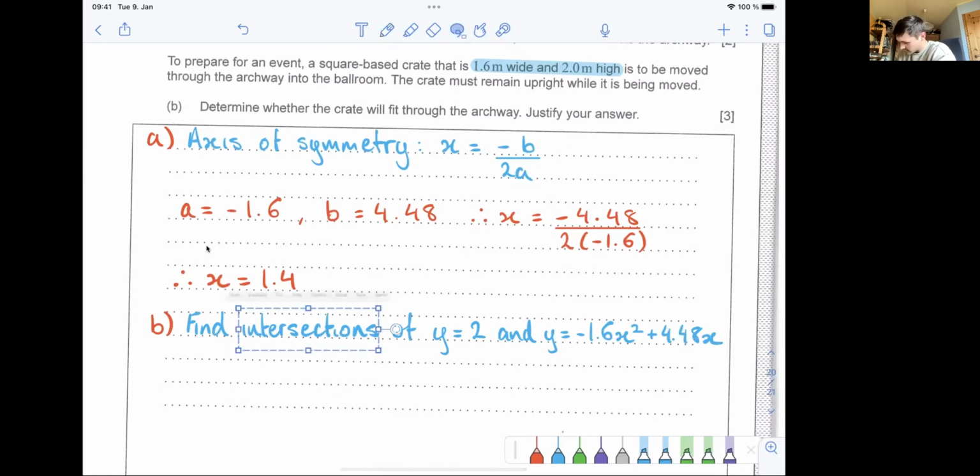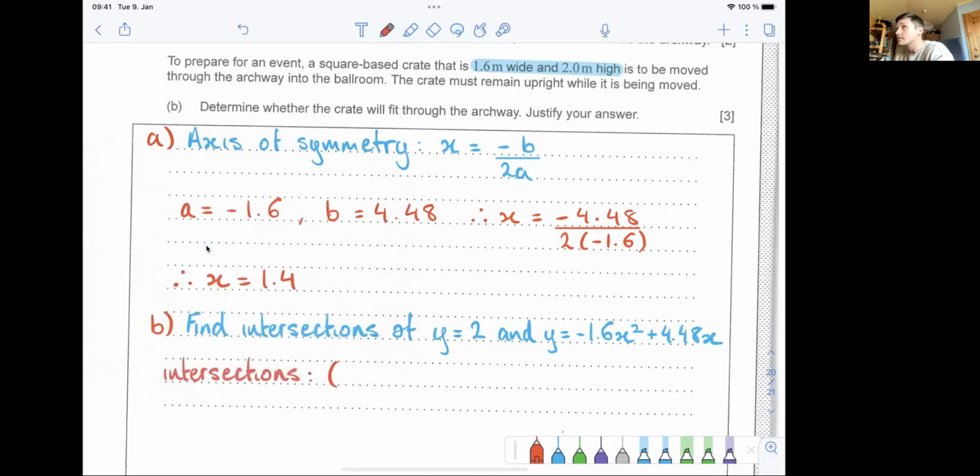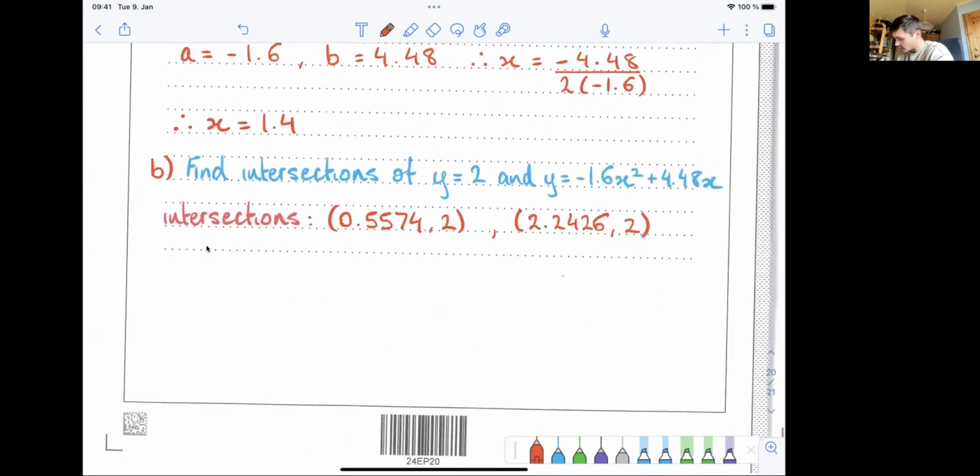The intersection points are 0.5574, 2 and 2.2426, 2.